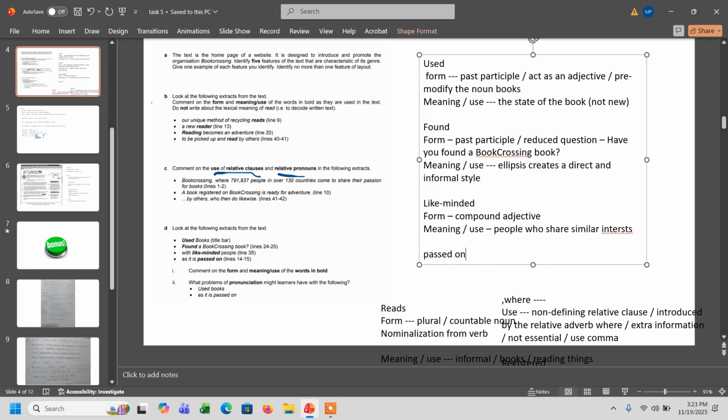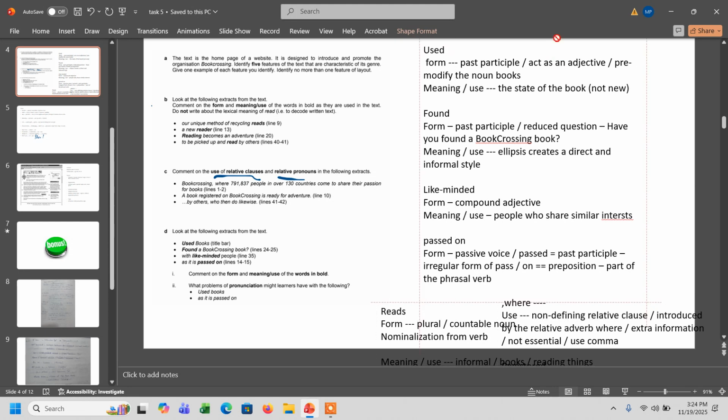For passed on, it is passive voice, and passed is a past participle, irregular form of past, and on is a particle, or shall we say preposition, part of the phrasal verbs or multi-word verbs.